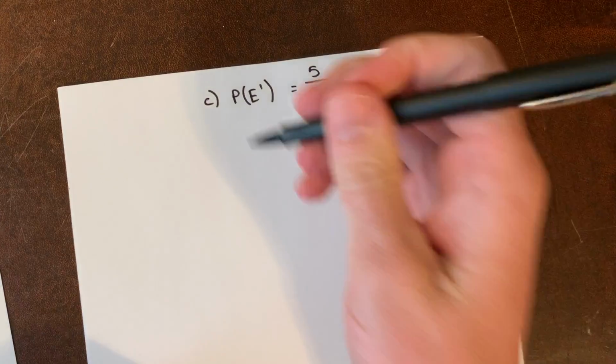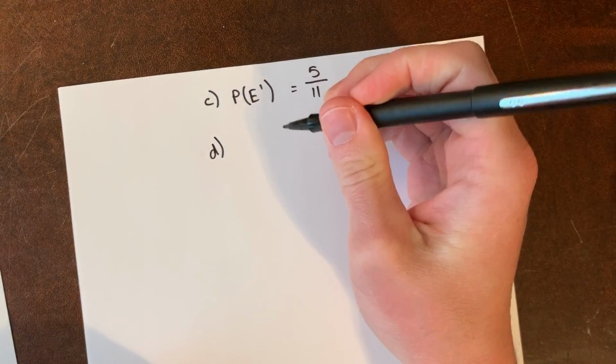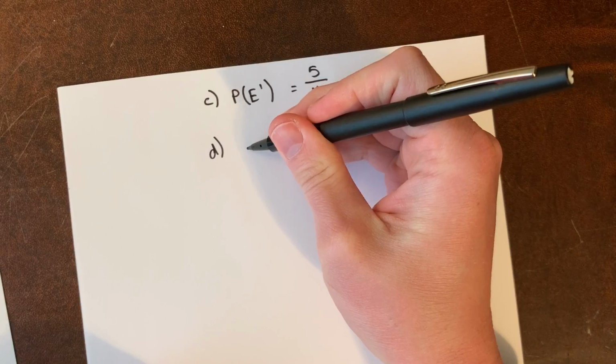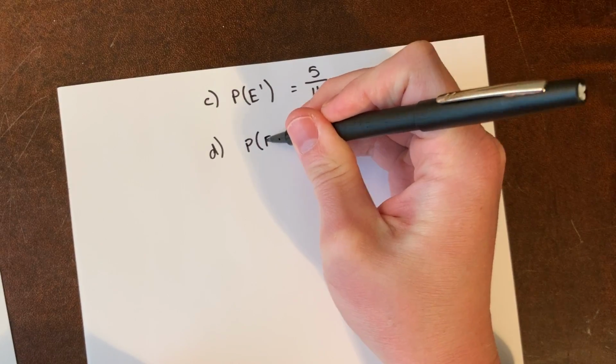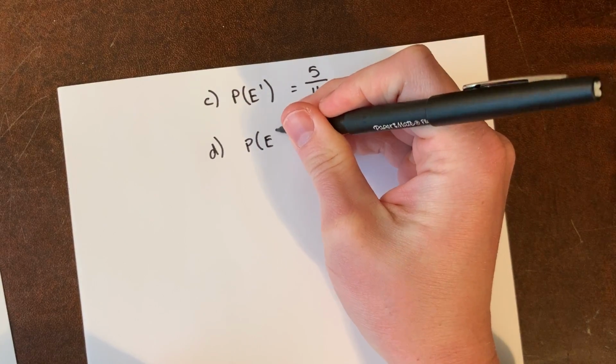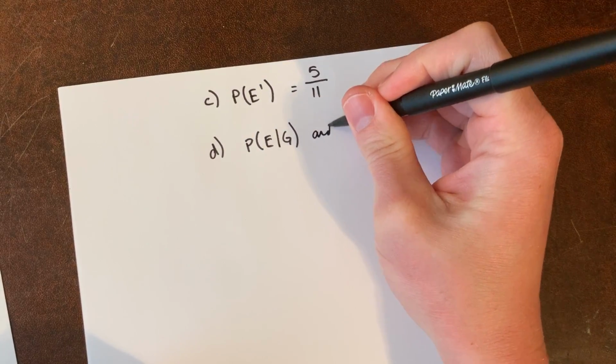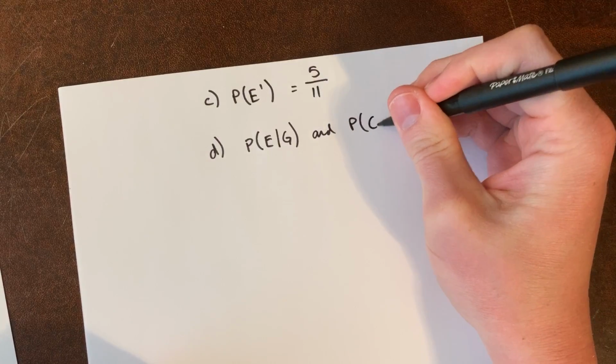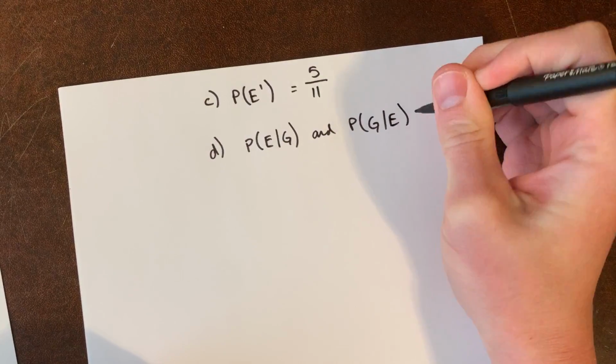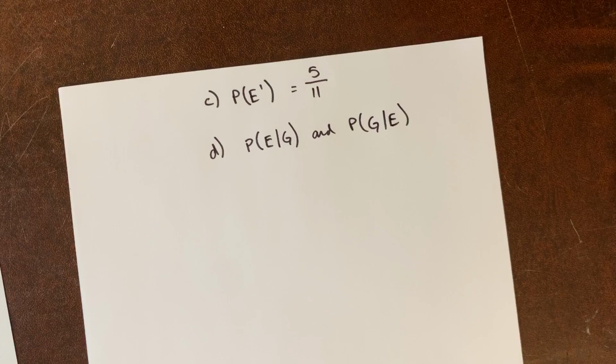All right, and then lastly, the probability of E given G and the probability of G given E. Now these are going to be different. We'll have to tackle each one separately.